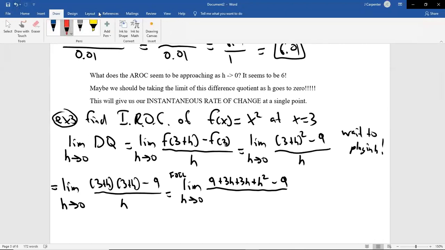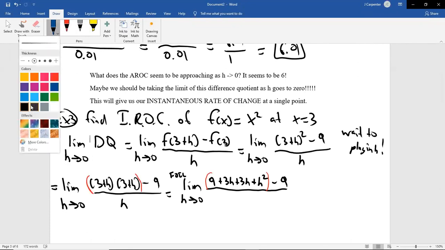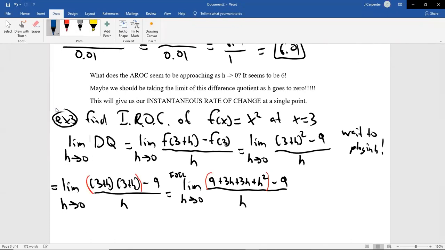I'm just going to put a little really thin parentheses around this. You don't need it. I'm just trying to emphasize that that was this. The minus 9 at the end is just still the minus 9 at the end. And the bottom is still an h. Now again, those parentheses are not really there. That was just for visual flair.